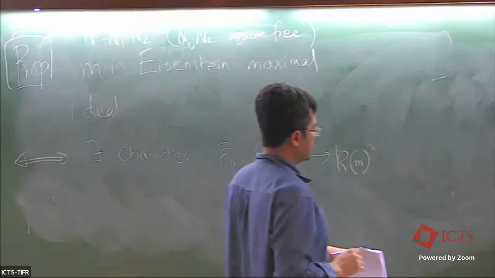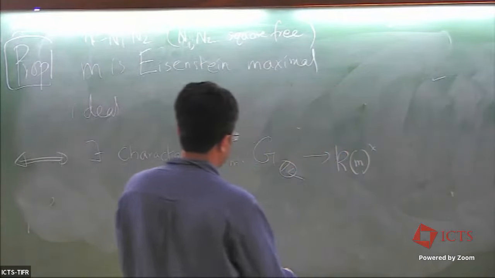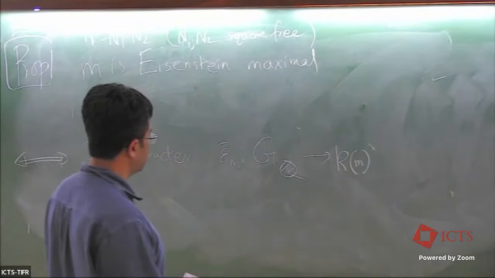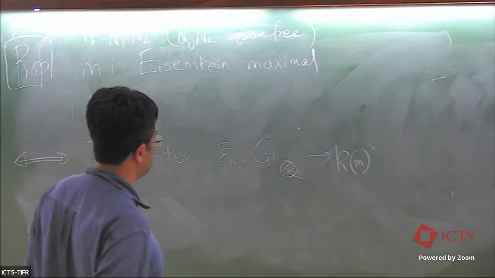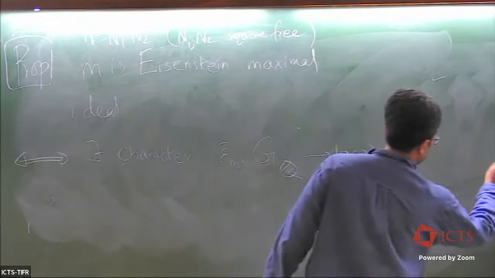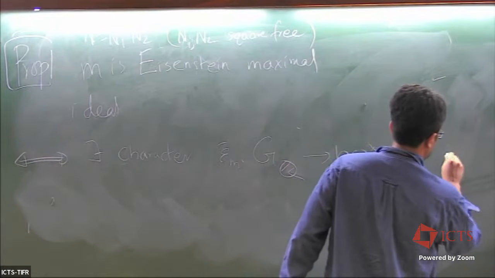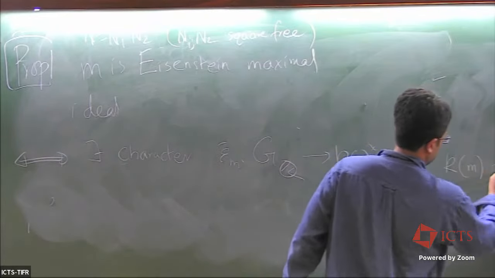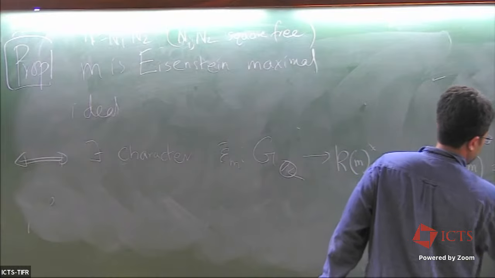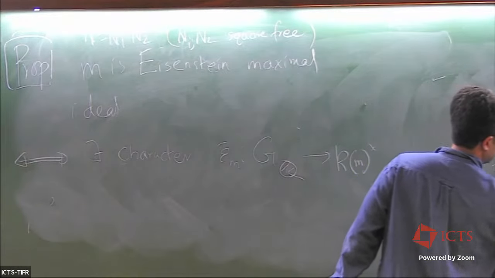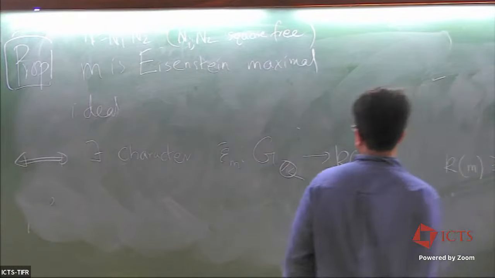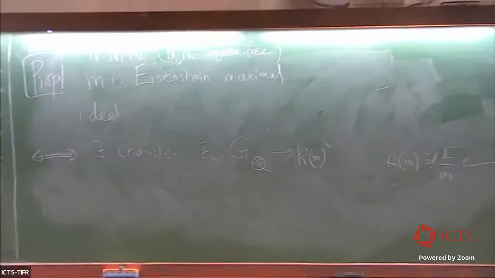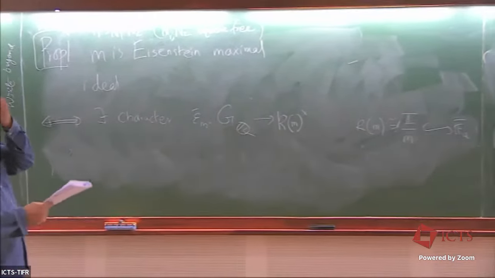This is certainly an advantage over Q, because there it is always F_p, but here we are not in this position, so we need to fix an isomorphism between this K_m, Q mod M, inside this F_L bar. I'm starting with the maximal ideal M, so that is the only information we have.